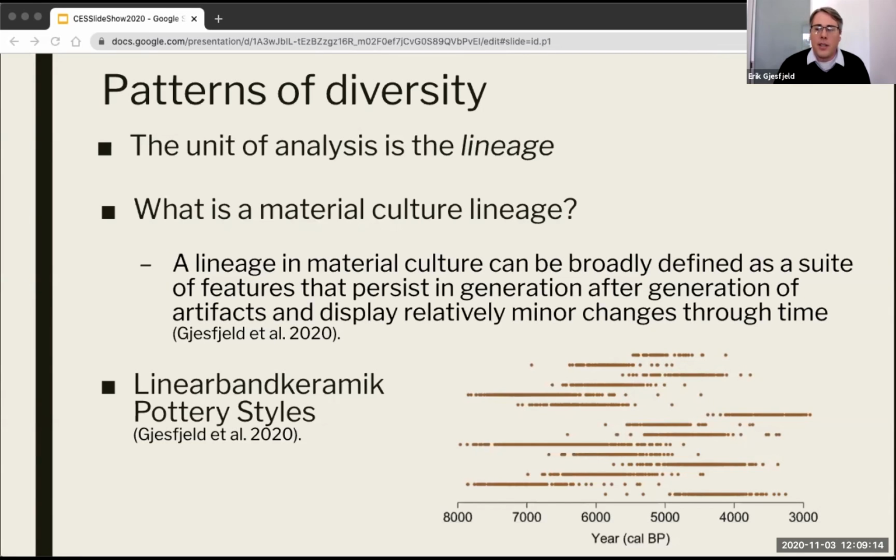We felt we had a good sense that we had traits that were fairly coherent for each style. Then, using the radiocarbon database developed over the years, we put temporal ranges on these pottery styles. The central unit of analysis was the combination of both the pottery styles and their temporal duration.